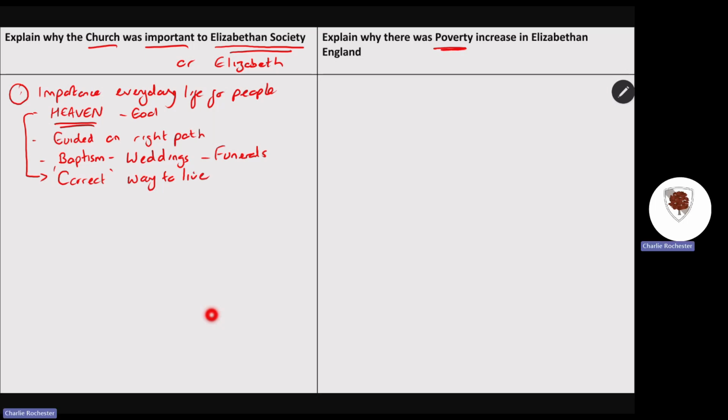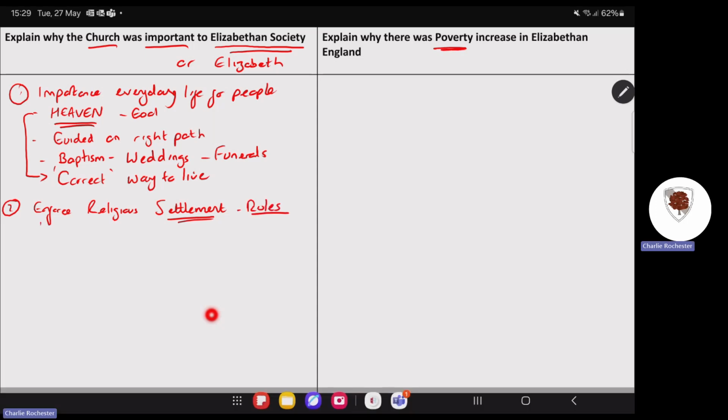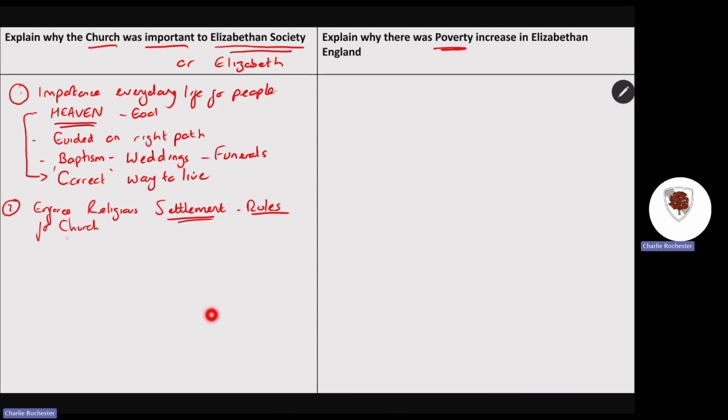You could mention there just about the role of the church and what they did day in, day out for the people of England. For Elizabeth, they were vital because they helped enforce the religious settlement. If you've got a features question on this, this has to be your feature. They helped enforce Elizabeth's rules for the church, including supremacy and uniformity.